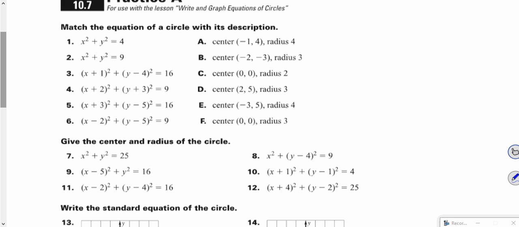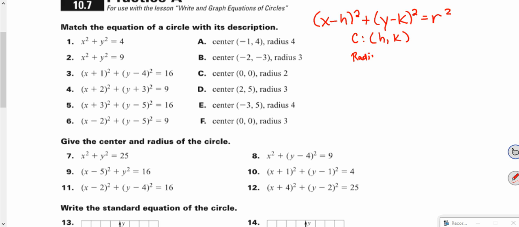And remember your basic form: (x - h)^2 + (y - k)^2 = r^2, where your center is (h, k) and your radius is r. Just want to remind you of that.